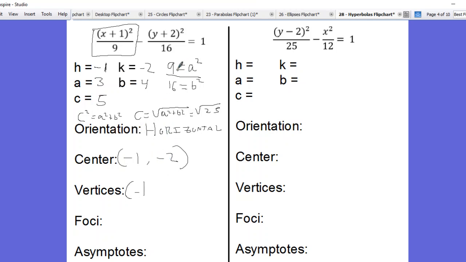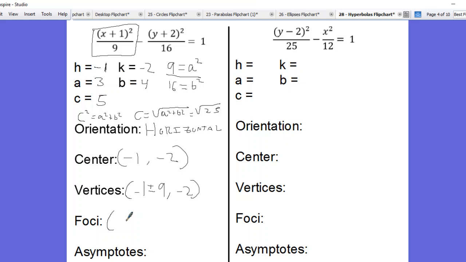So that's going to be plus or minus a. So -1 plus or minus 9, comma, -2. The co-vertices, while not included, that would be -1, and b is 4, so that would be -1, comma, -2 plus or minus 4.